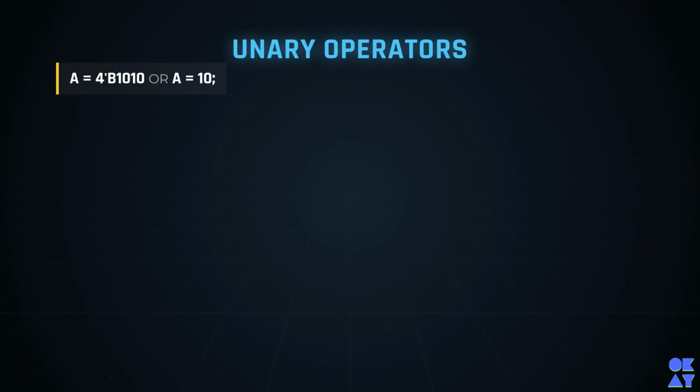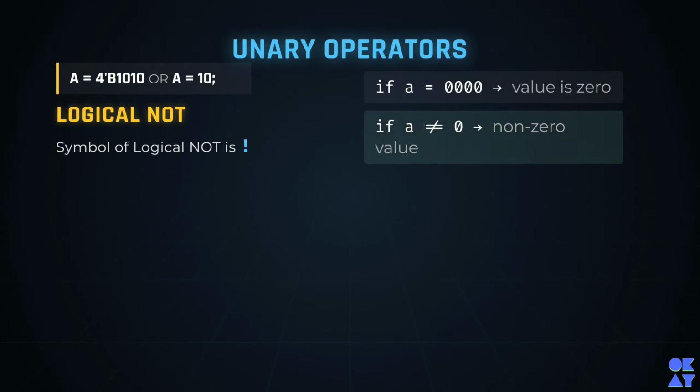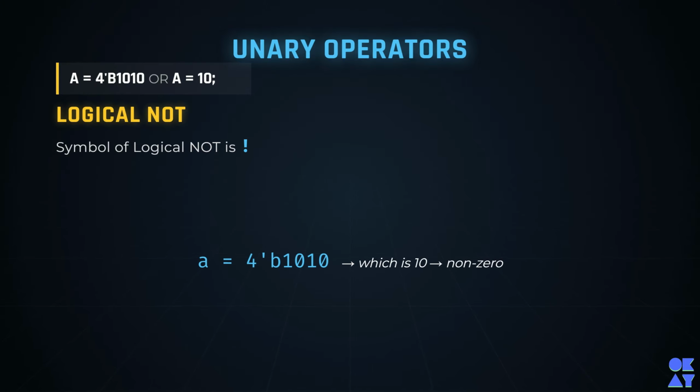Now let's understand each operator one by one. Logical not. Logical not checks whether the value is 0 or non-zero. If the value is non-zero, it is treated as 1. If the value is 0, it is treated as 0. In our example, A equals 4'b1010, which is 10, non-zero.